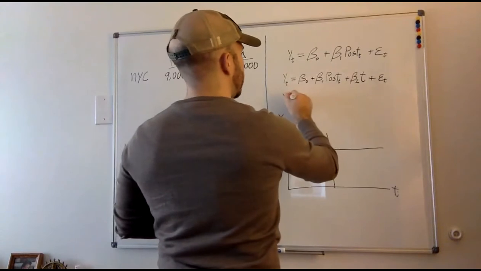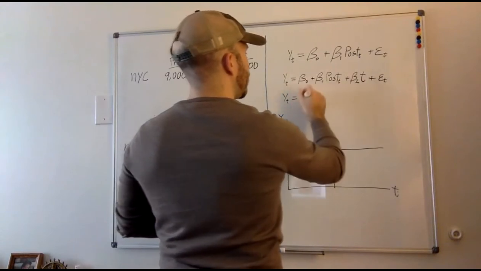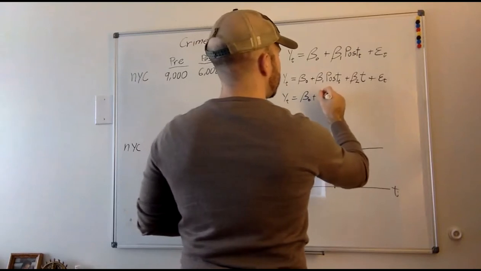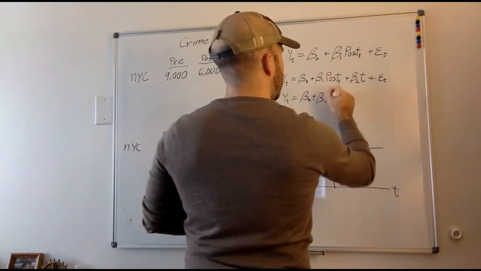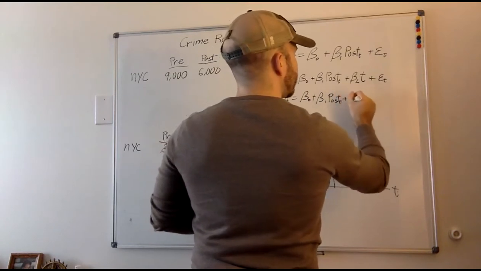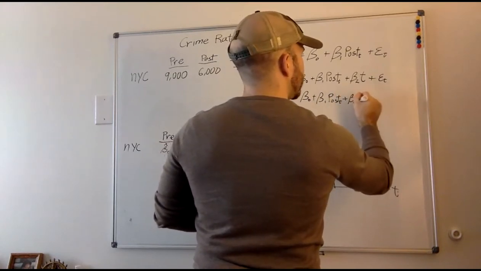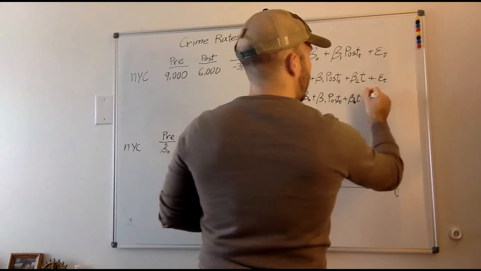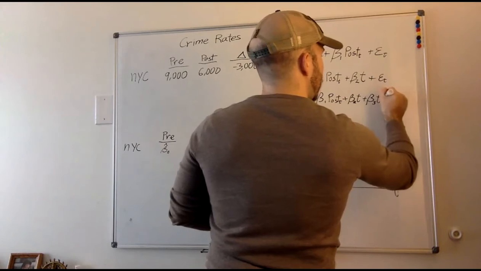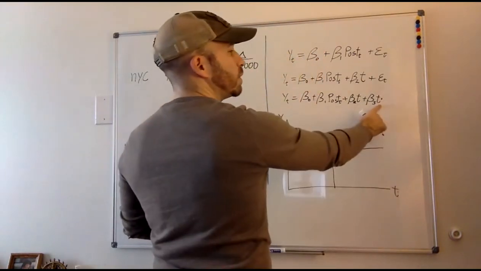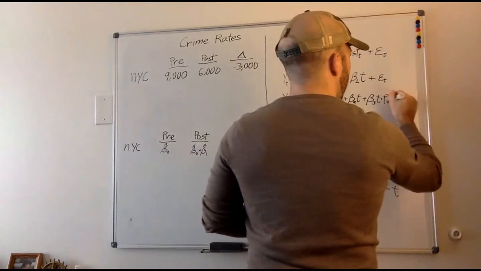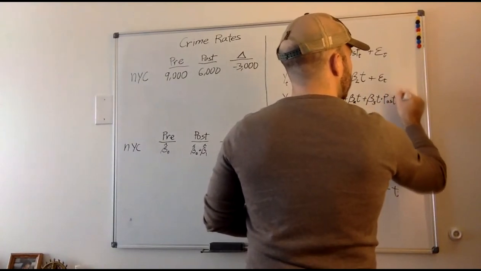So that's what an author has in mind if they do something like this. So I've still got my post variable, I've still got beta 2 times the time, but then I add time, which is just counting which year we're in, times post t.